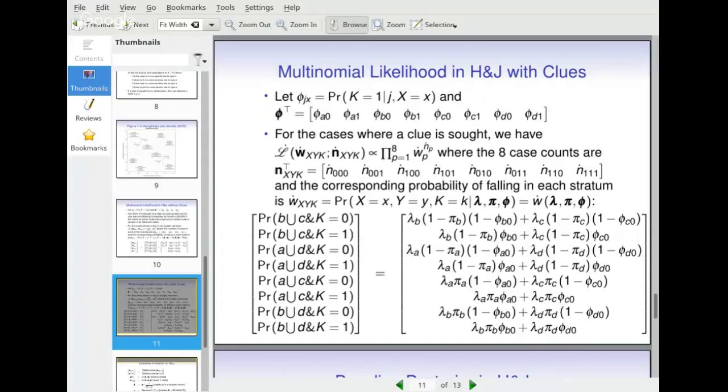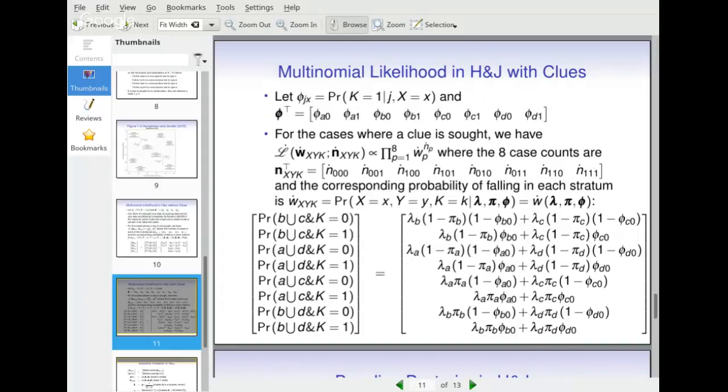And there's an expression for that in terms of lambdas, pi's, and phis. And so there are 8 of those that, if you work it out carefully, you get all this. And the thing on the right here is also a valid simplex vector for those observations where you sought clue data, and consequently you need a multinomial likelihood that's the product of the w's raised to the power of n for each of the 8 possibilities. But n equals 0 is valid.